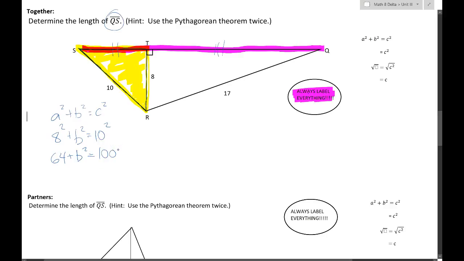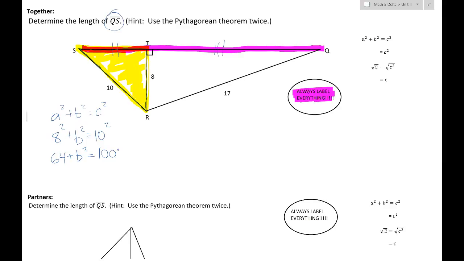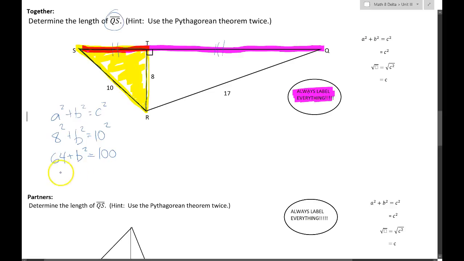And I think now back to Unit 1 when we were isolating different variables within algebraic equations. I remember if I want to isolate b squared, I need to get rid of a positive 64. What's the inverse operation? I can just subtract 64 from both sides. Those cancel out.